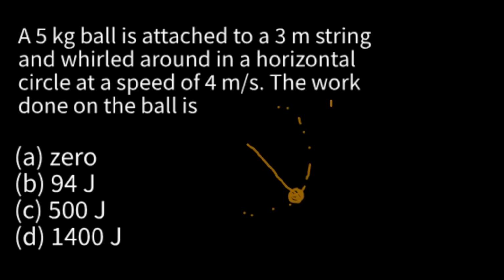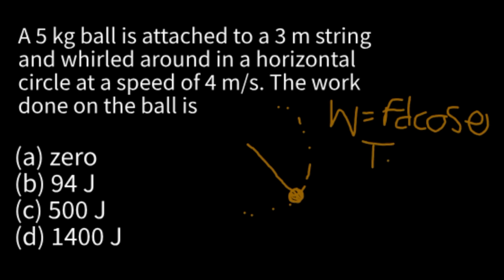So we know work, if you were to write out the full equation, is our force times our distance times the cosine of the angle between the force and the displacement of the object. So we're analyzing our string, so that will have some force of tension, and it will move some distance. Now the angle theta here is what you want to look at. So the angle between, let's just say this is our direction of motion, the angle between our tension and our direction of motion will be 90 degrees.